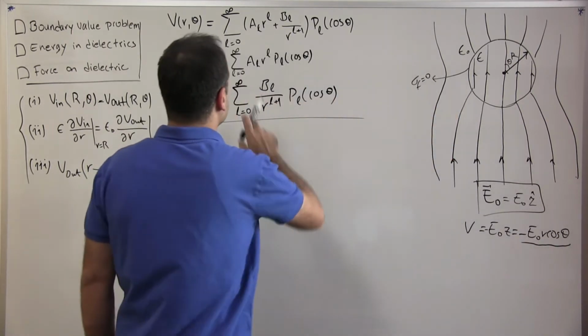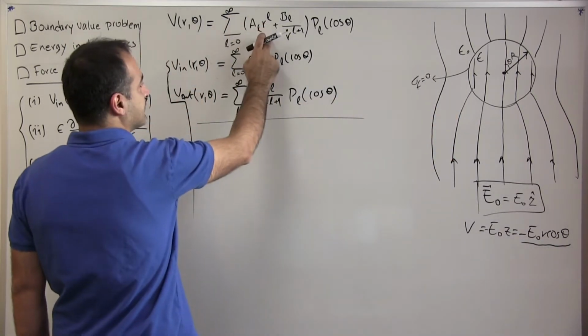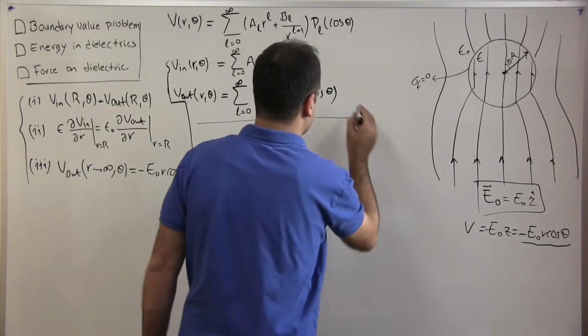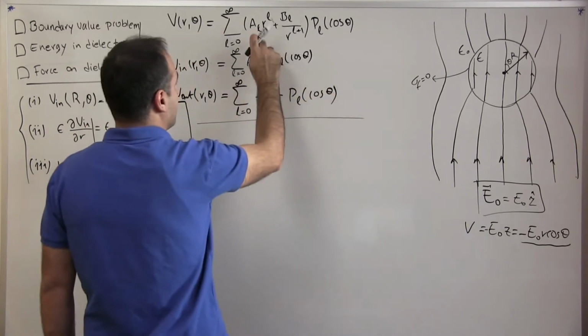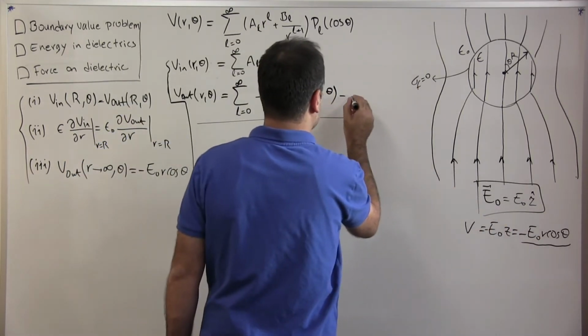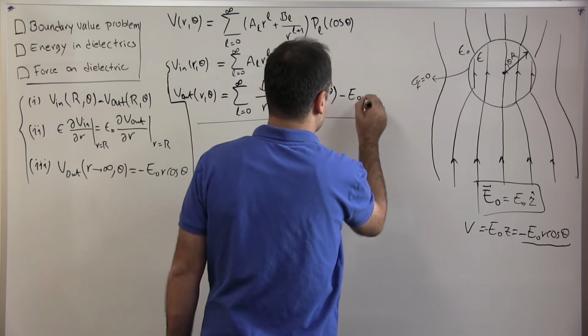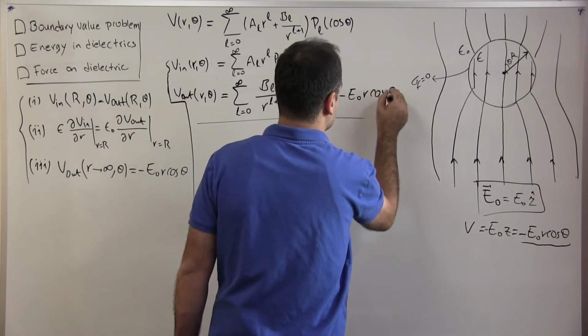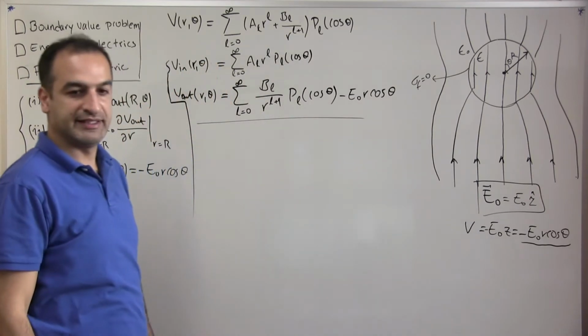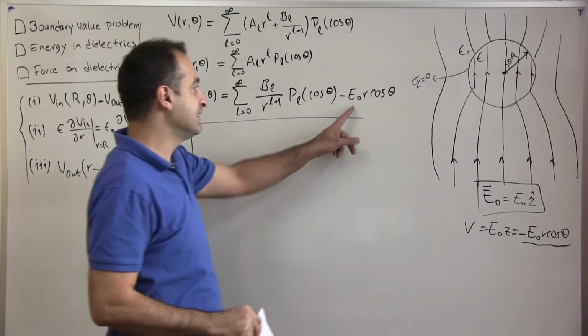So we get rid of all these terms for all the ALs except the one that has R to the power of 1, because we need that here. So I keep that negative E naught R cosine theta. I just add that manually here because eventually I need that.